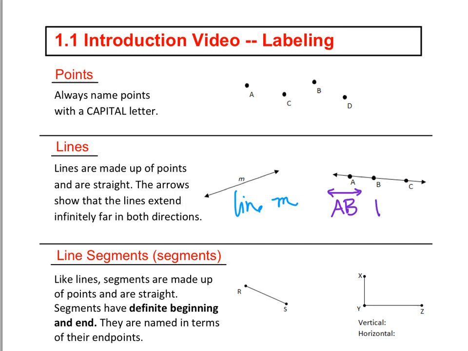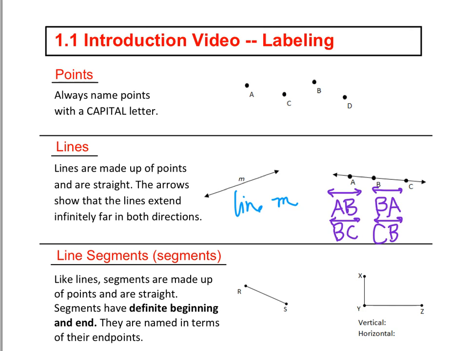We also could call it line BA, same exact line, and you can use any 2 points on the line. So you could also say this is line BC, as long as we're labeling it with that line above it using capital letters. We could say C and then B.